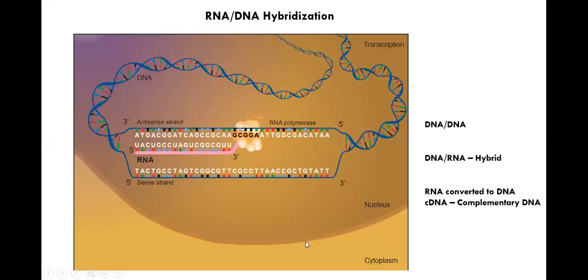I will briefly go over the mechanism of how it works. Let's see in this diagram, we have transcription happening in the nucleus. The genome has been unwound, and there is an antisense strand and a sense strand; RNA polymerase goes along and makes the RNA. We already know that DNA replication happens, and there is hybridization with that.